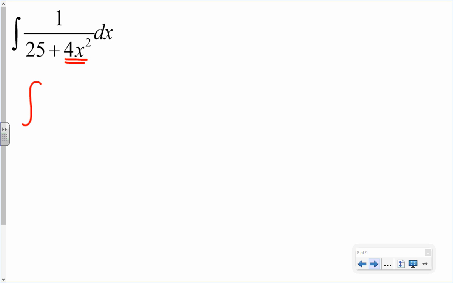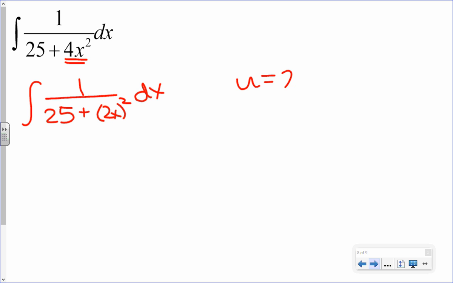So since this is not simply x squared, it's 2x squared, we want to let u equal that 2x. Now, in this case, it's just a constant that we have to worry about. But in the case that we had before, it was like 2x cubed, the quantity squared. We just have to be careful in those types of situations.